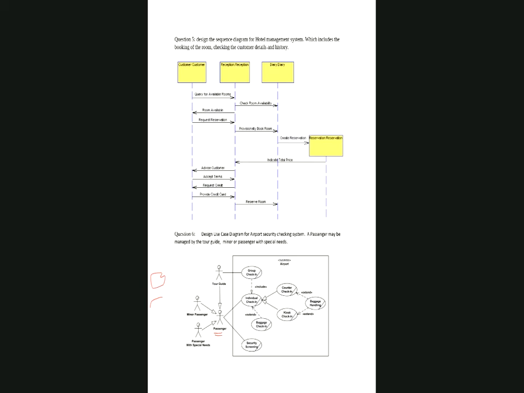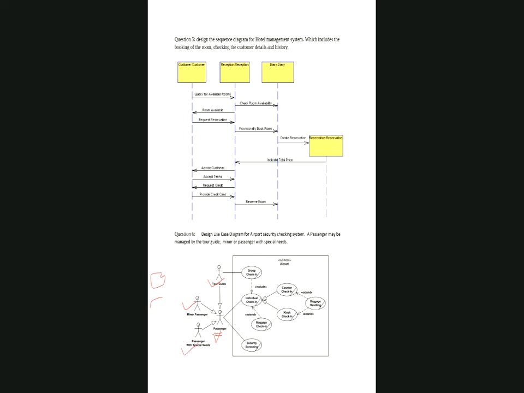Now again, from the user's point of view, a passenger may be a simple passenger, or a tour guide, or sometimes a small child. We call them minors. And sometimes a passenger needs a wheelchair, which we call a passenger with special needs.